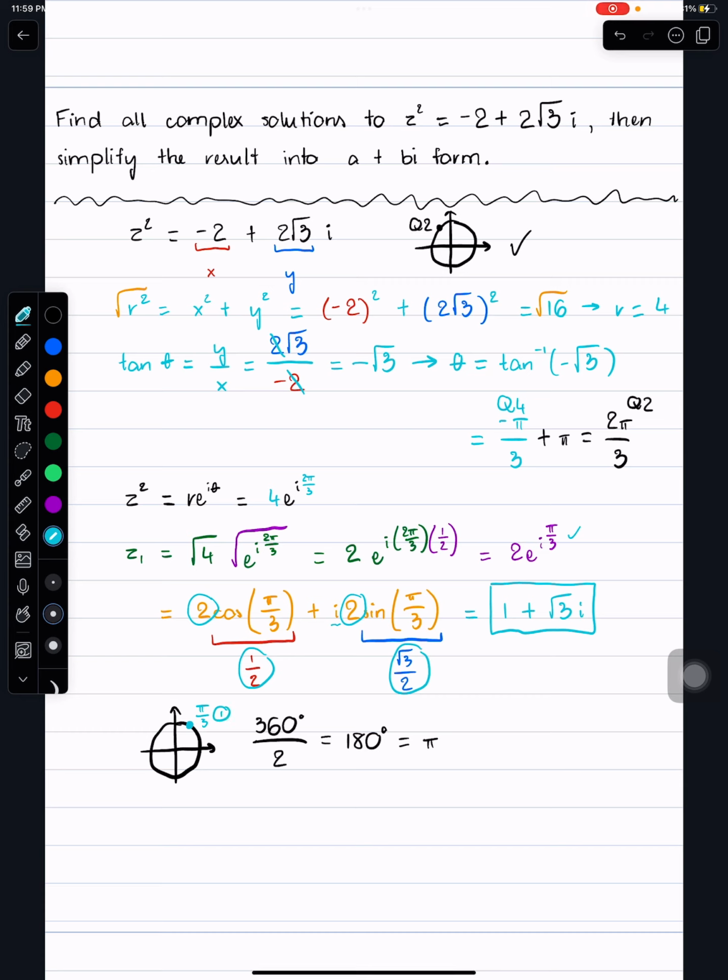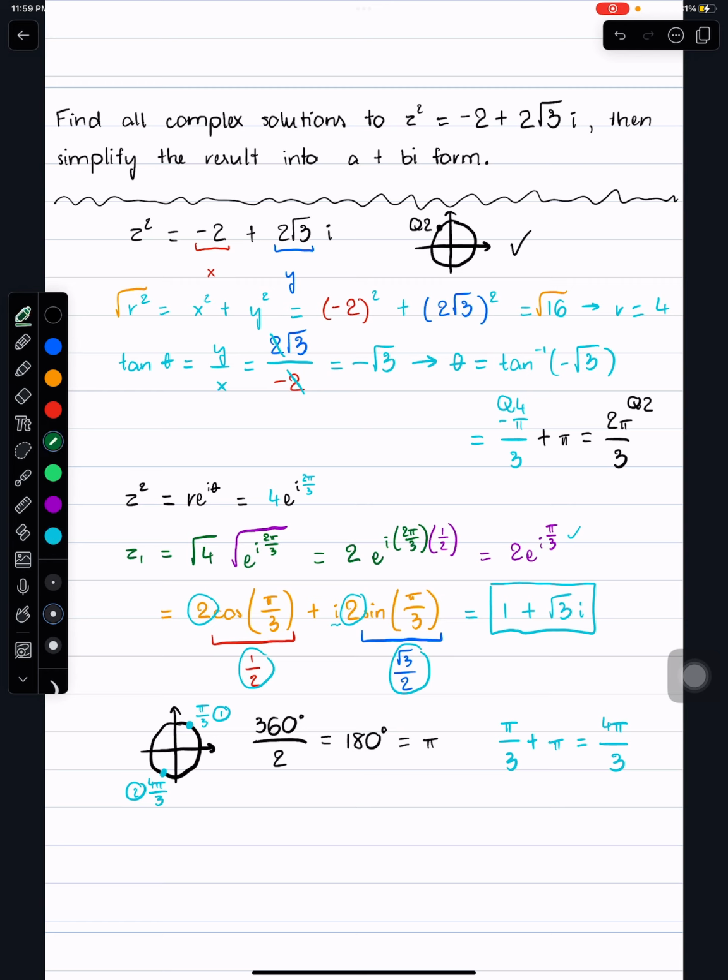The second angle would have to be pi over 3 plus pi, right? Because they are pi apart from each other. So in a calculator, if you want, you can put 1 over 3 plus 1, and you're going to get 4 pi over 3, which is down here, across from it, from the origin. This is 4 pi over 3 for the second angle. Okay? So now let's write the solution for the second angle.